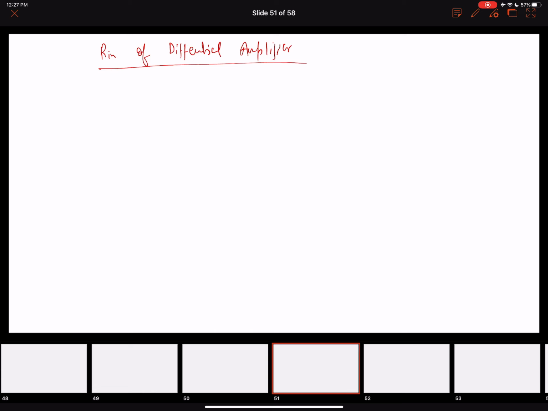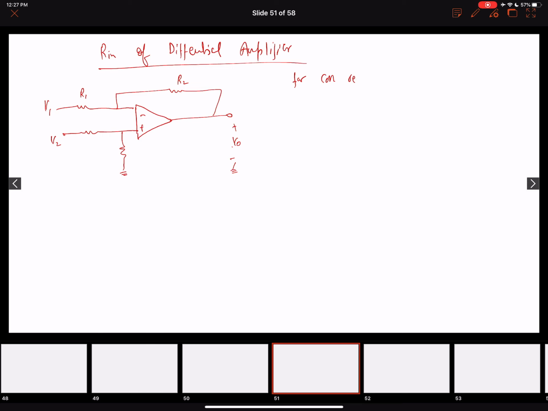All right, so let me redraw the difference amplifier again. Negative, positive. We had two resistors here, and one more resistor was here. One resistor was in the feedback. V1, V2, R1, R2, and we saw that for CM common mode rejection, what did we see?